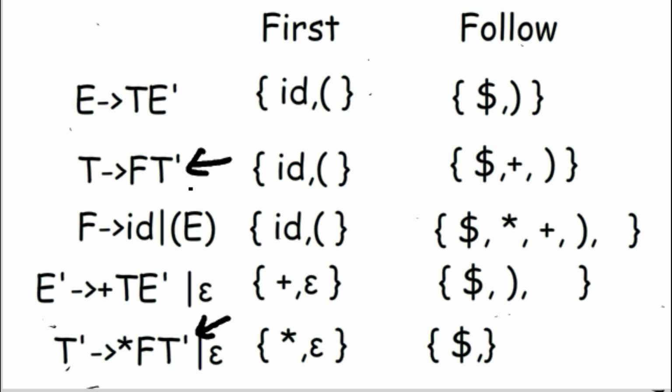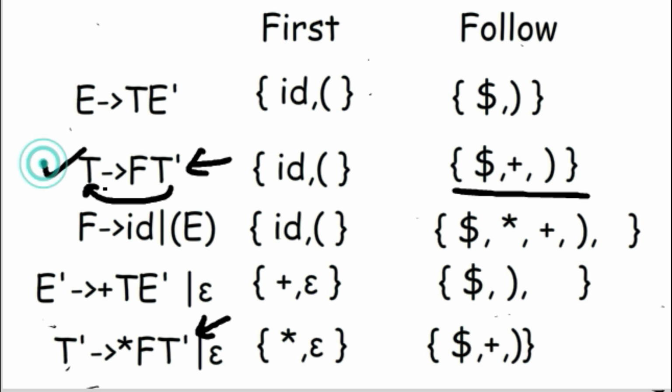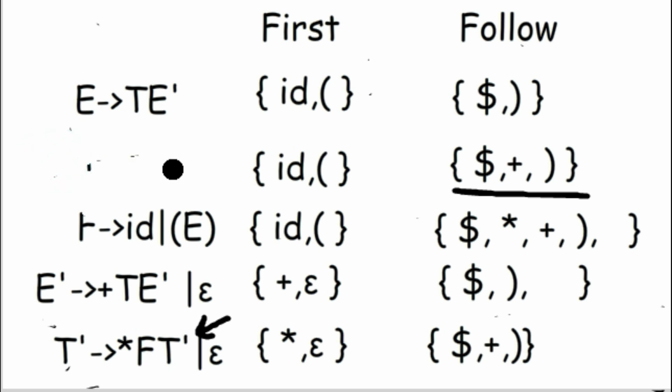After this T dash there is no symbol, so we will have to move to the start, and when we move to the start, we have to find the follow of this T. What is the follow of this T? So we have to write this as the follow of this. A dollar is already there, plus is not there, and open bracket is not there. So open bracket is written as it is. So this one is resolved.